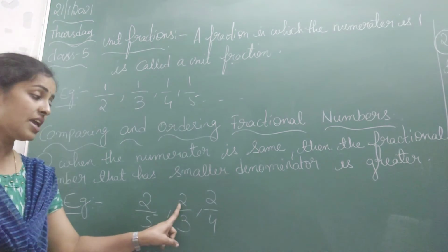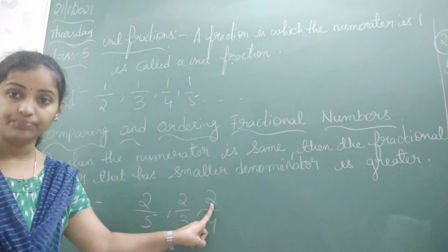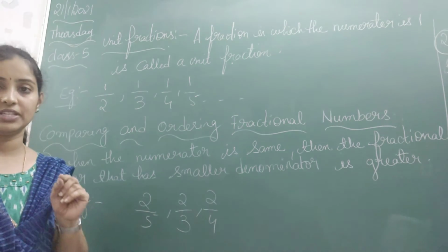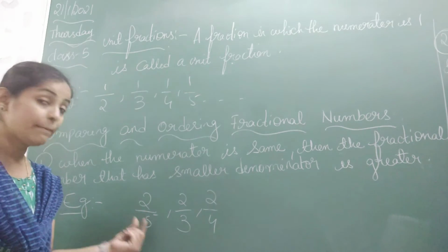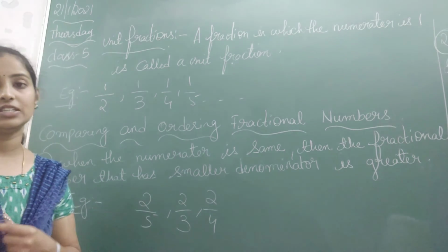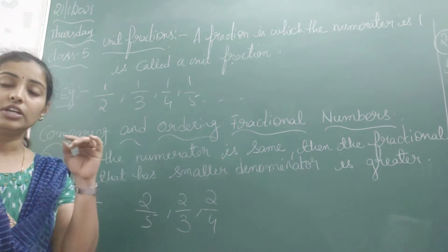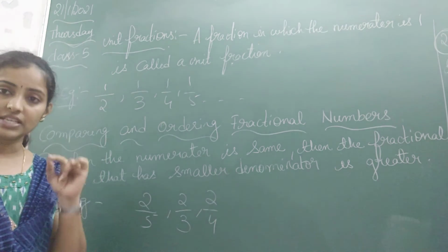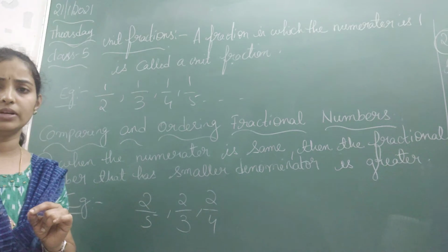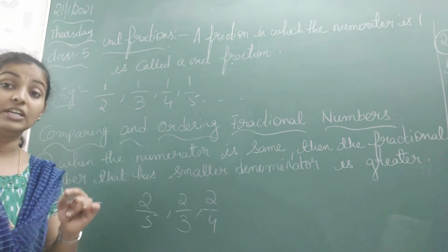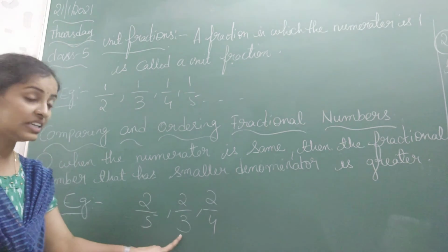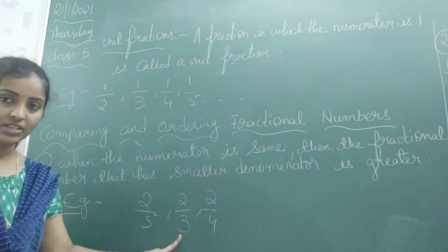So we have the same numerator value, and now we compare the denominator values. The denominator number which is smaller, that fraction is the greater one, isn't it?